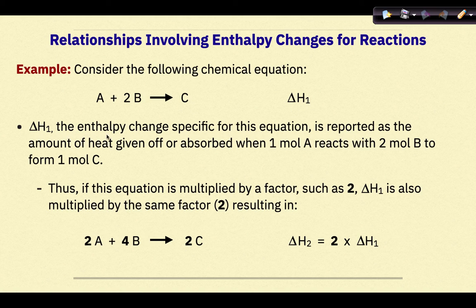Delta H of 1, the enthalpy change specific for this equation, is reported as the amount of heat given off or absorbed when 1 mole of A reacts with 2 moles of B to form 1 mole of C. Thus, if this equation is multiplied by a factor of 2, the delta H1 is also multiplied by the same factor 2, resulting in 2A plus 4B yields 2C. This is going to impact our delta H as we're going to multiply our original delta H1 by 2.